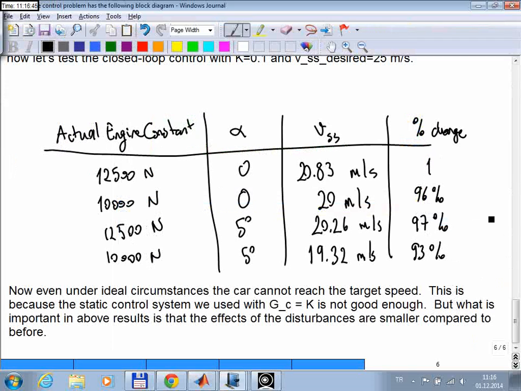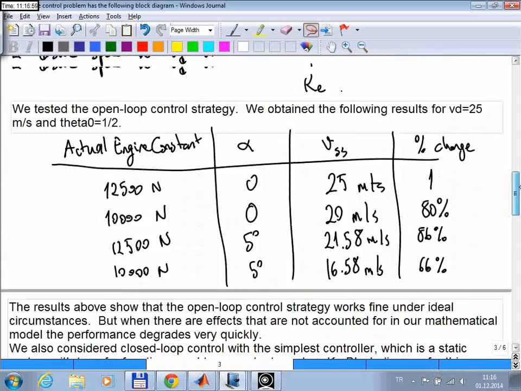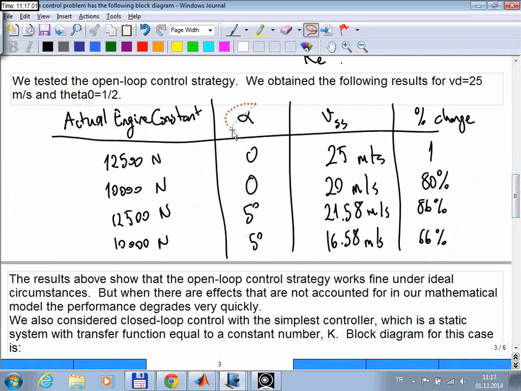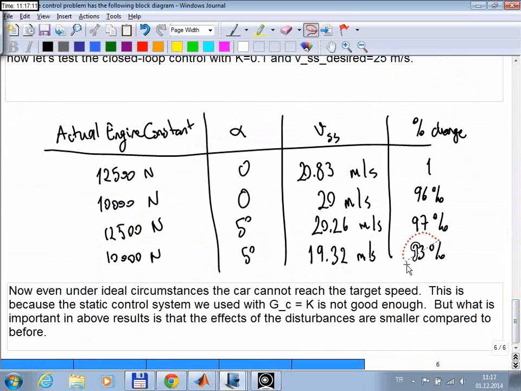So the ideal performance is bad, but these disturbing effects have a smaller effect on the total results. So here, if you have both an inclined road and a bad engine, then the performance is 66% of the ideal performance. But here, when you look at this case, it's 93%.